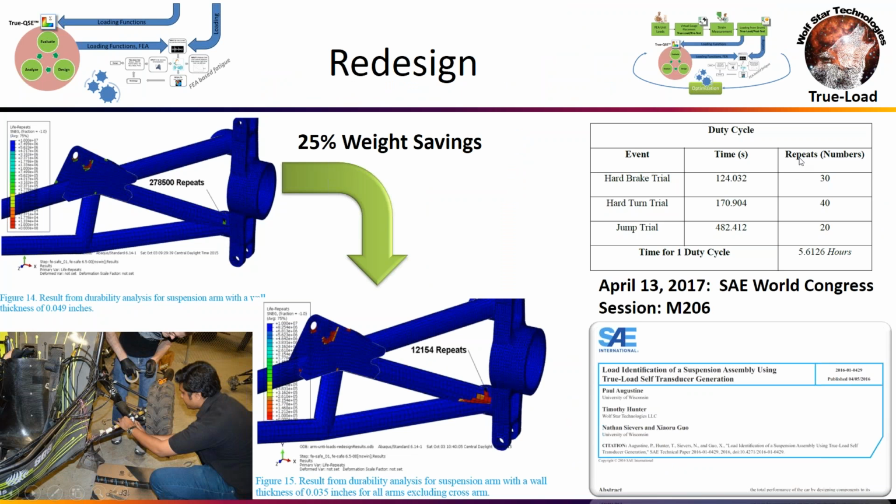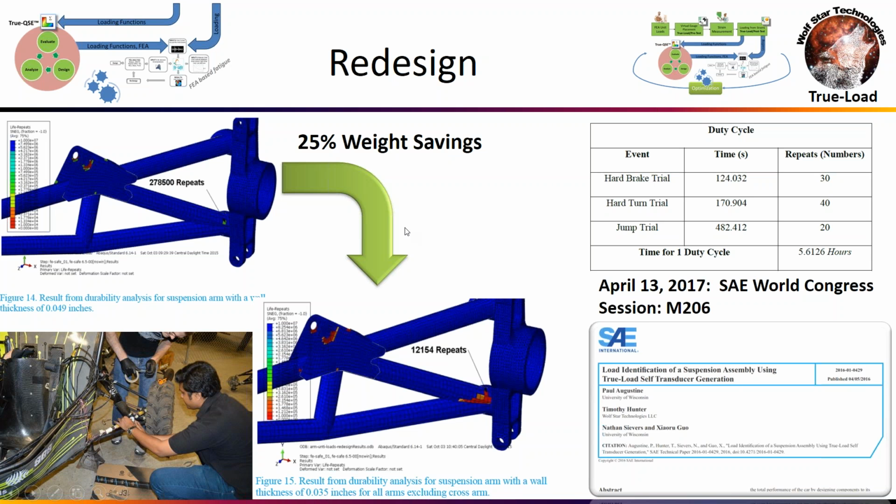They had created a duty cycle event of so many hard brakes, hard turns, and jumps, and then all they did was they looked at their initial repeats where they had 278,000 repeats of this duty cycle, and they just went through an exercise of reducing the tube thicknesses, and they were able to bring that durability down to being 12,000 repeats, which is still more than they'll ever need on this proving ground bike, and they had a very nice design.